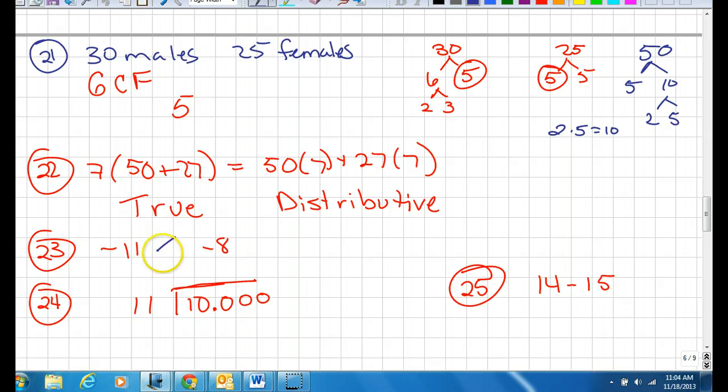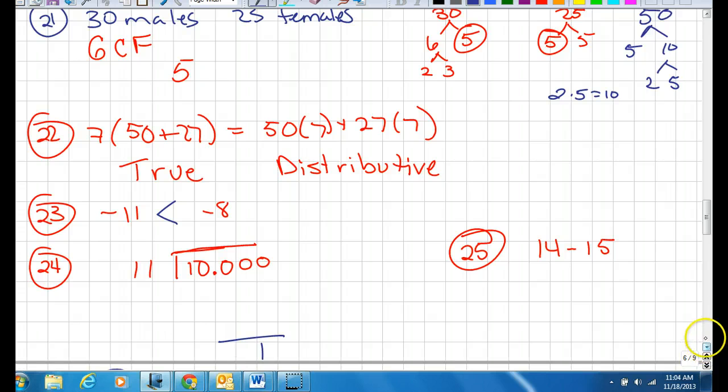And that should be this. 24, it wants to know what this number, 10 divided by 11, is in decimal form.